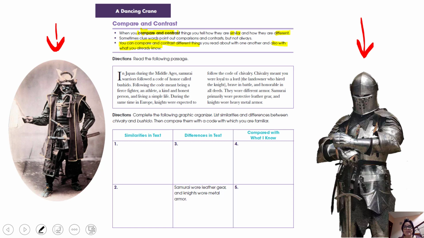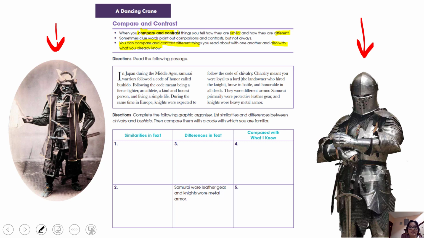One uniform was made of leather, cuero, leather, and the other uniform was made of metal armor, the knights. And also, samurais were living where? In what place? In Japan, and knights in Europe. So can you see that we can find similarities and also differences in the text?